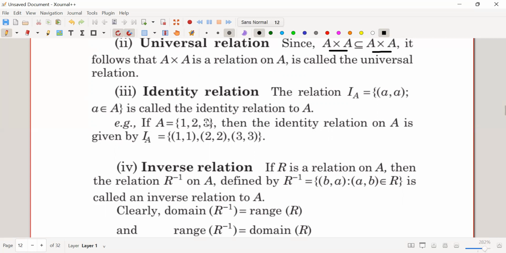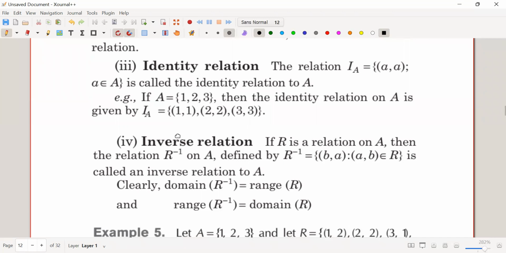For this, both should be the same. The Cartesian product may be more, but my requirement is a doublet, or x equal to y. That is, x comma x, a comma a. That's what I need.